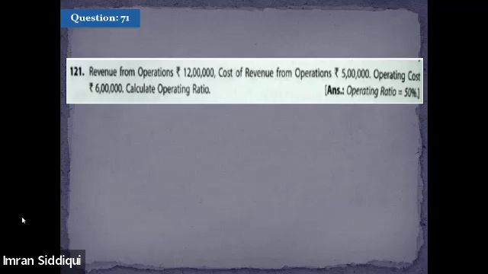So I think this is a pretty basic question. You will be easily able to solve it, I guess. So you can skip this question as well. The revenue from operation is given already, and the cost of revenue is also there. Apart from this, operating cost is also there.